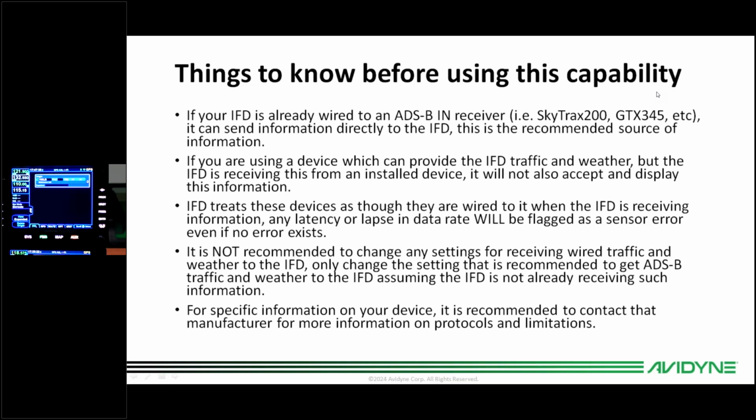And I will go over some of the protocol jargon that a lot of these devices have, but for more specific information on each individual device, if I don't cover one that you might have, you would probably need to contact your manufacturer for that device to get more information on the protocols and limitations.